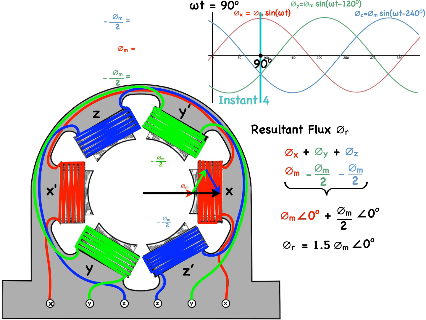But indeed, the one constant of this is the fact that the magnitude of the phasor is constant, 1.5 phi m. And you have to take my word for it, or actually we'll prove that in a little while, but the phasor shifts smoothly in a clockwise rotation.